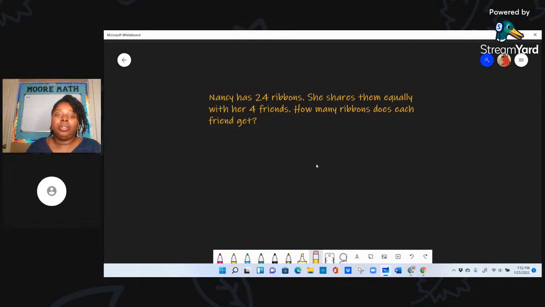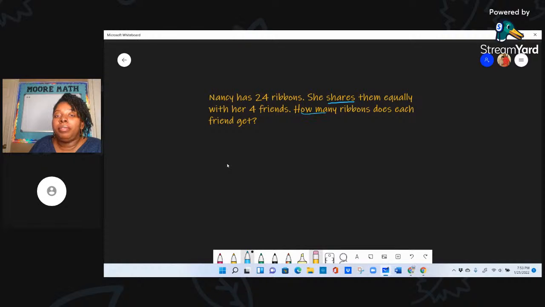Okay, so let's start off. What do we know? What am I underlining? What's the first thing they tell us? She shares them. Okay, what else? How many ribbons does each friend get? Good.